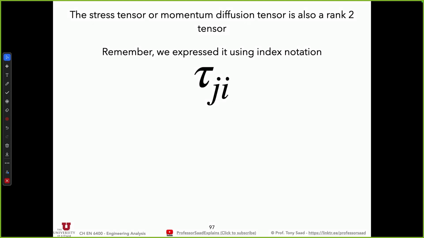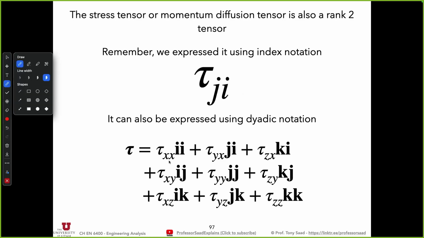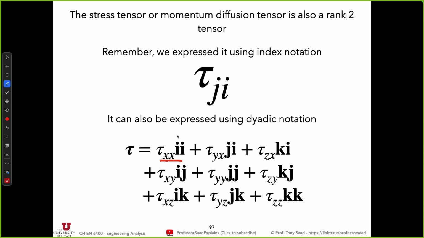Now we used index notation here. I'm going to remind you of this, but the same way that we expressed the advection tensor using dyadics, we can also express the stress or diffusion tensor in dyadic form. And it looks like this. Tau_xx i_x i_x, so that's the diffusion of the x component of momentum in the x direction.